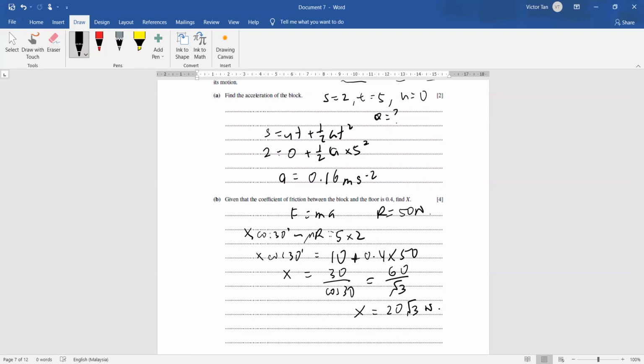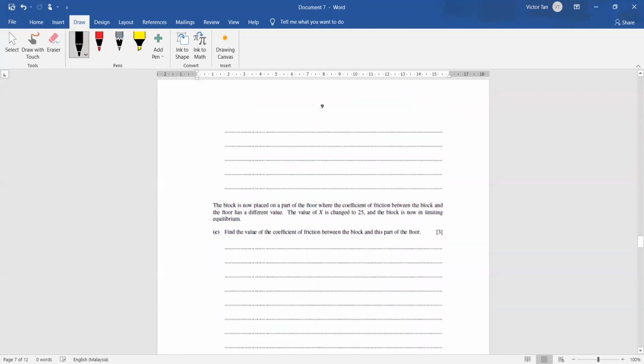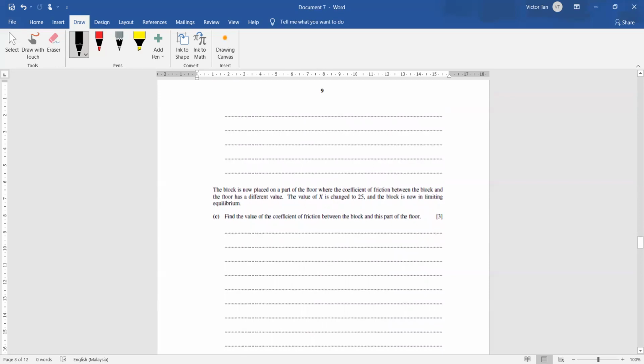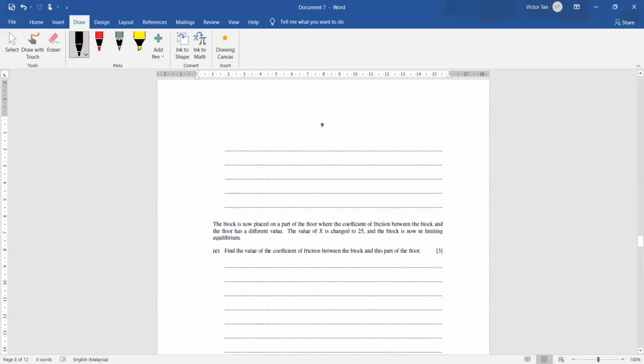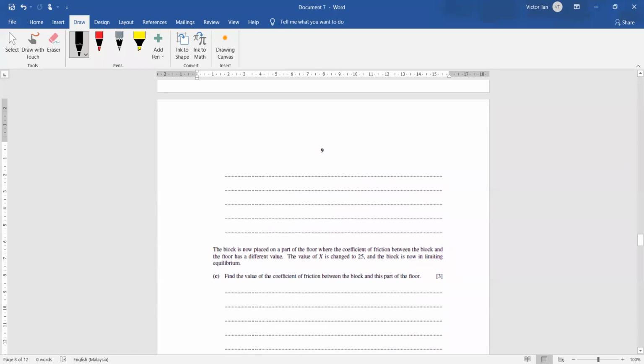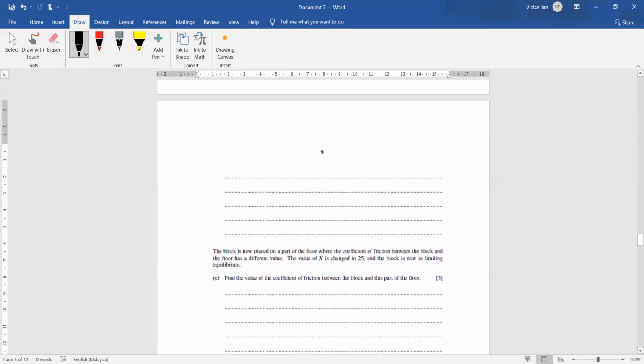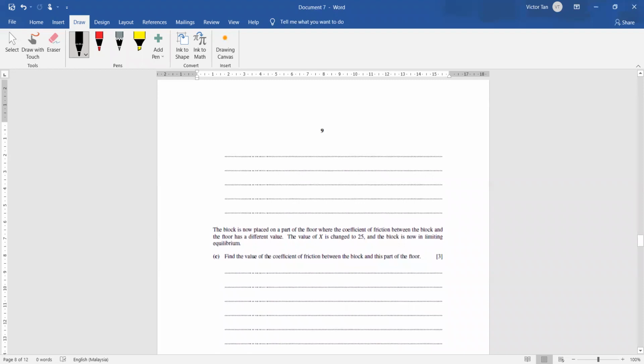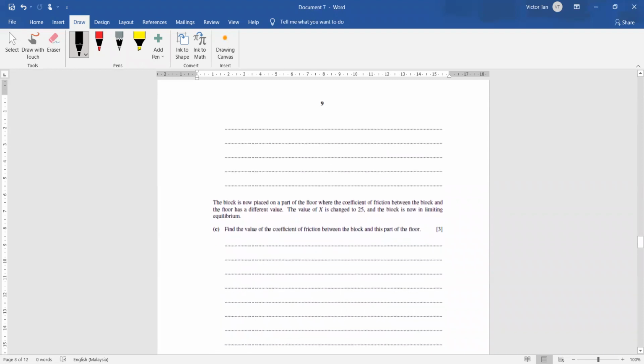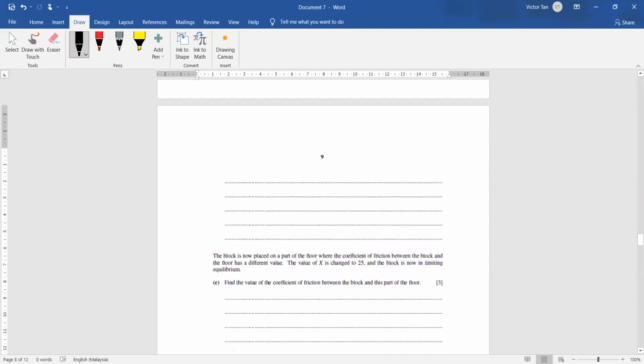Okay. The block is now placed on a part of the floor where the coefficient of friction between the block and the floor has a different value. The value of X is changed to 25 and the block is now in limiting equilibrium. Find the value of the coefficient of friction between the block and this part of the floor.